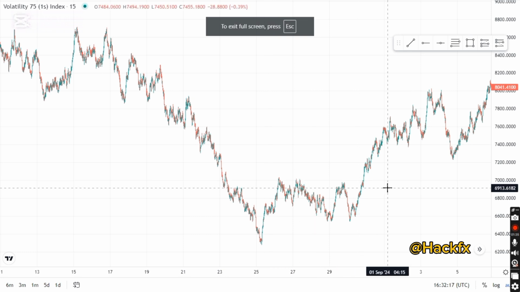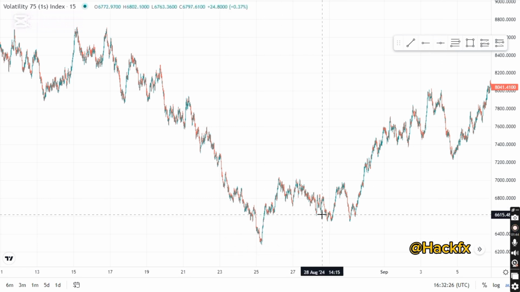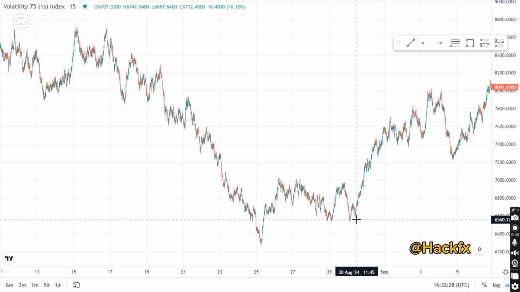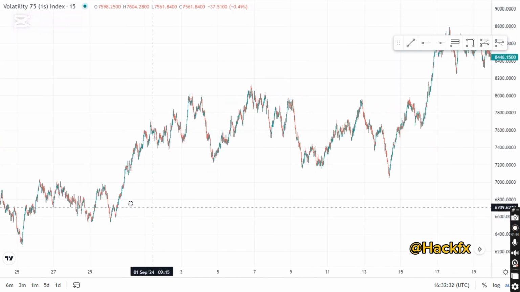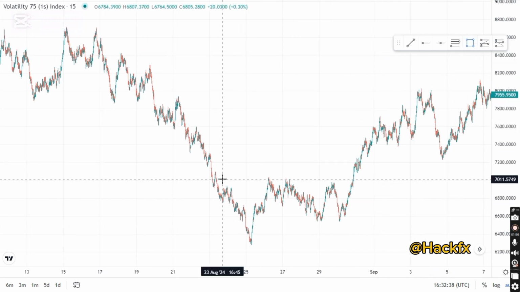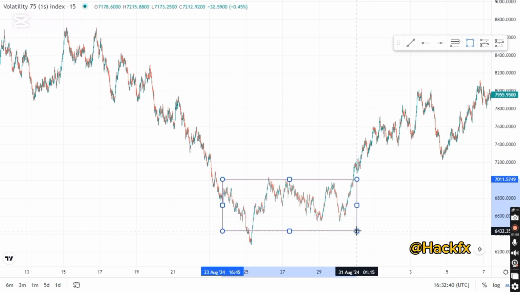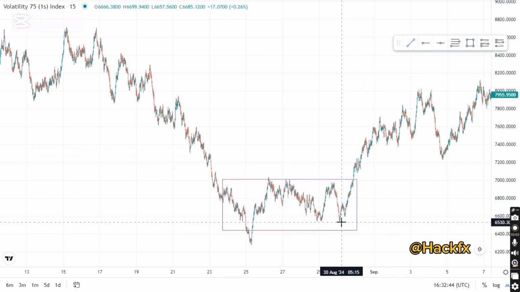So right, first of all, what we want to identify is a breakout. Wherever there is a breakout, we usually notice an impulsive move. I'm going to show us a few examples of how to use this tool. Right in front of us we have a consolidation and we have a breakout.